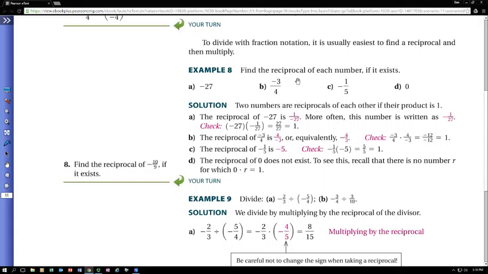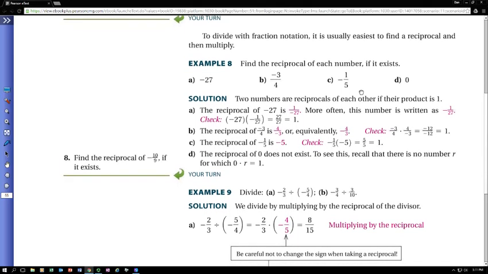So I know just based on this that this needs to be a negative number that I'm going to multiply to get my positive 1. So the reciprocal is going to be negative. The reciprocal of negative 27 is going to be negative. The reciprocal of negative 1/5 is going to be negative.